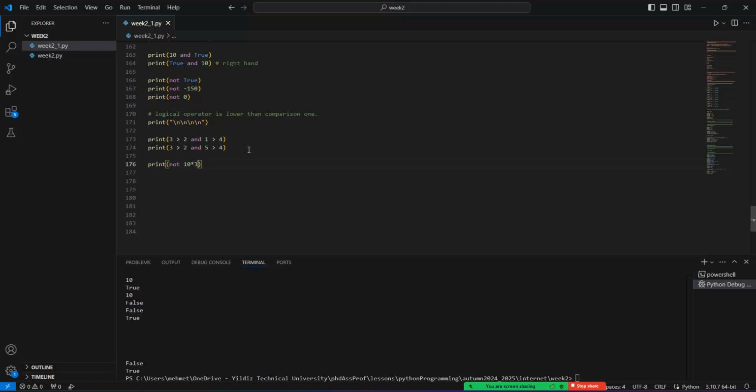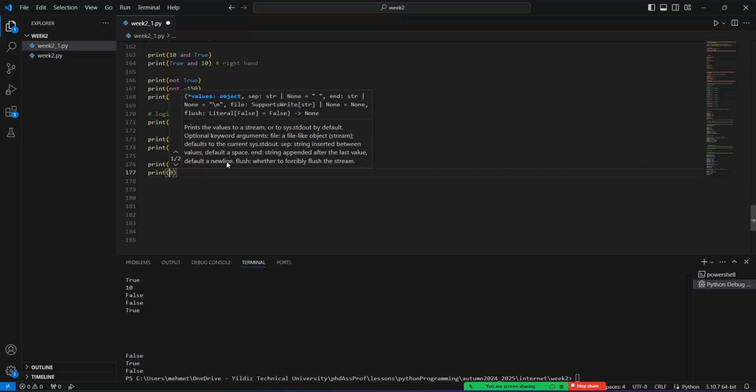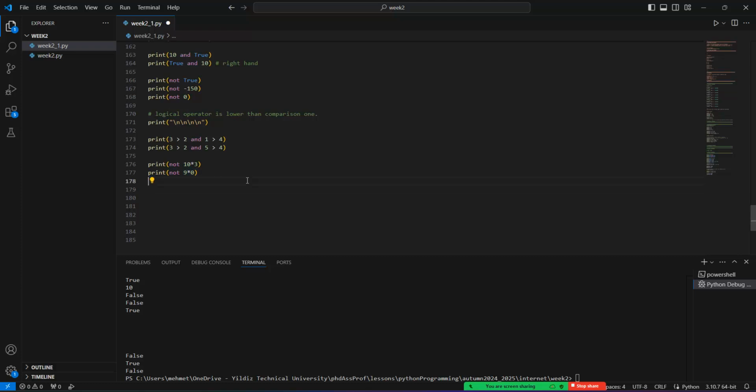This returns the 30 value, and 30 is non-zero, and not of non-zero is equal to false, right? Or print not 9 times 0. What's the output of this code? This must be true, right? Because this returns the 0, and so this is true.